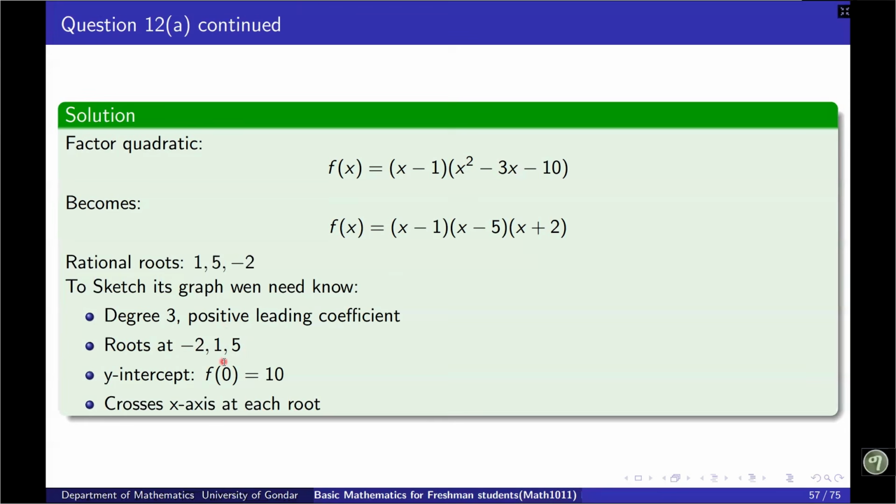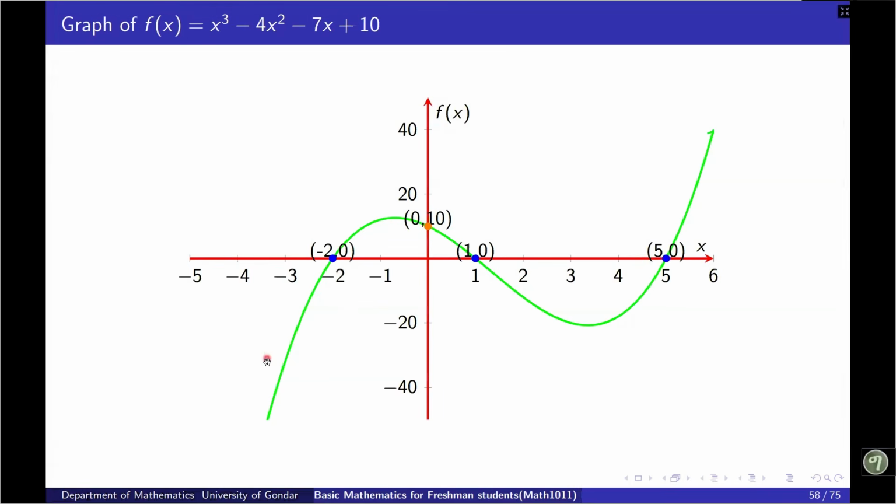The y-intercept, whenever x is 0, that is f of 0, is 10. The x-intercepts are (minus 2, 0), (1, 0), and (5, 0). So the rough graph of the given polynomial function looks like this.